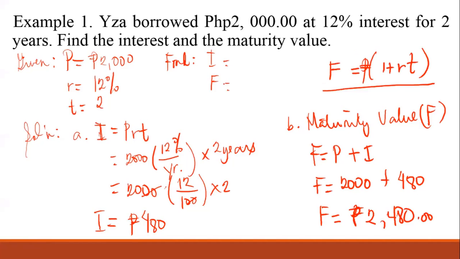Let us try. We can make use of this formula. F is equal to P times the quantity of 1 plus RT, if only for the maturity value.